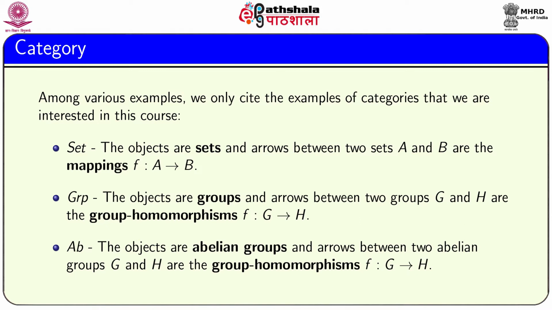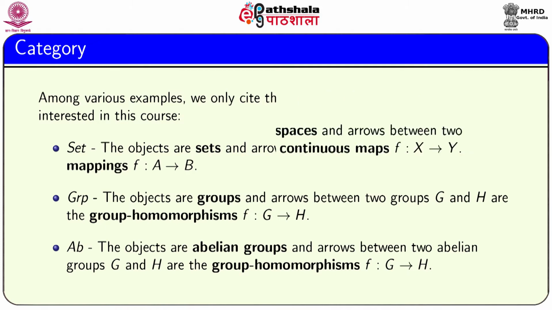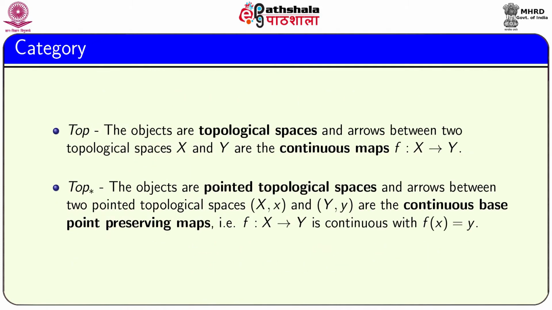The category AB consists of the objects as the abelian groups, the arrows as the usual group homomorphisms, and the composition as usual, the composition of mappings. Another example is from the topological spaces.